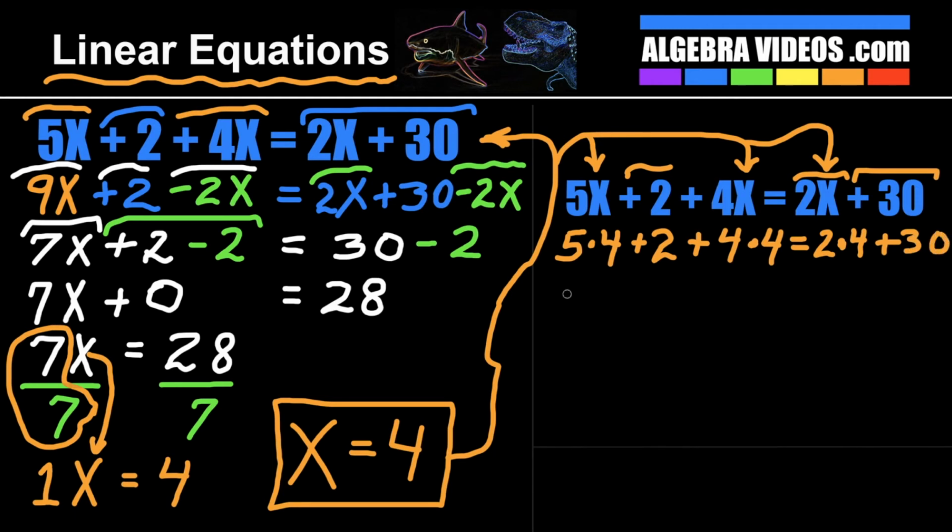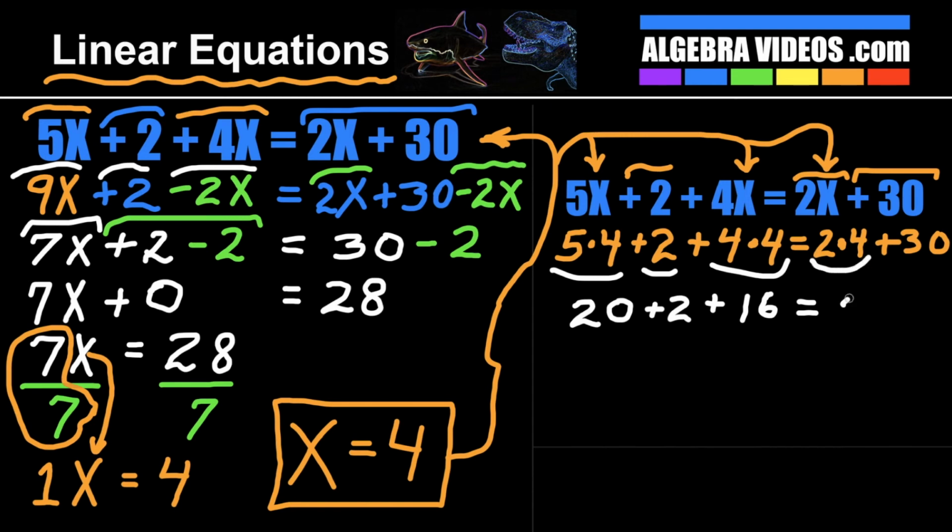All right, so let's simplify that. The 5 times 4 becomes 20. And then plus 2. So there's 2 right here. And then plus 4 times 4, this term right here, is 16. We're going to write a 16 there. And that equals, on the right side, this first term is 2 times 4 is 8.